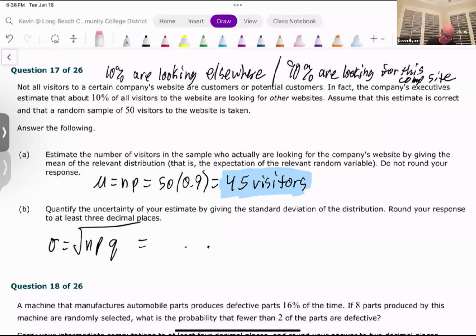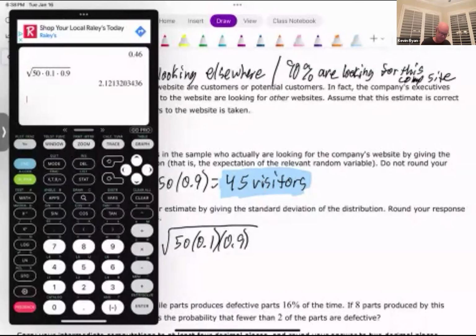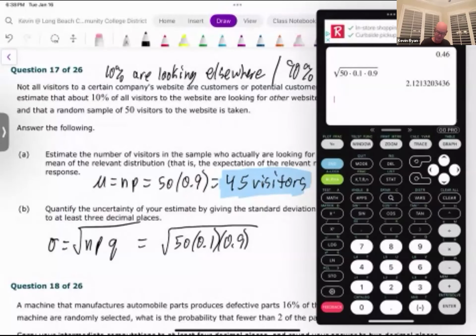Let me rewrite that. It says round response to at least 3 decimal places.